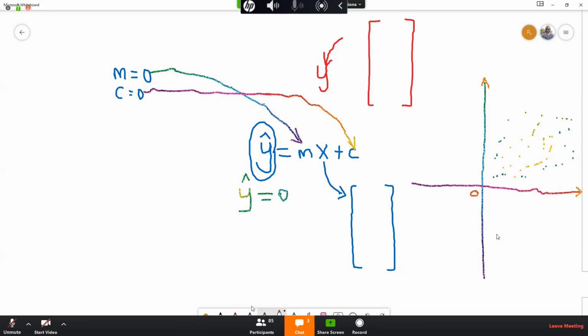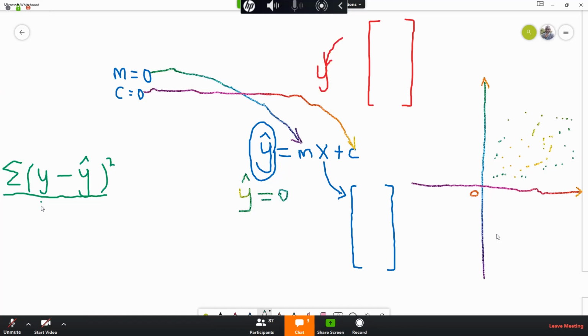Then to compute the error, you remember the error is computed by taking y, the target, minus y hat. Then we square, to avoid the negatives, then take the summation, and then divide by n.